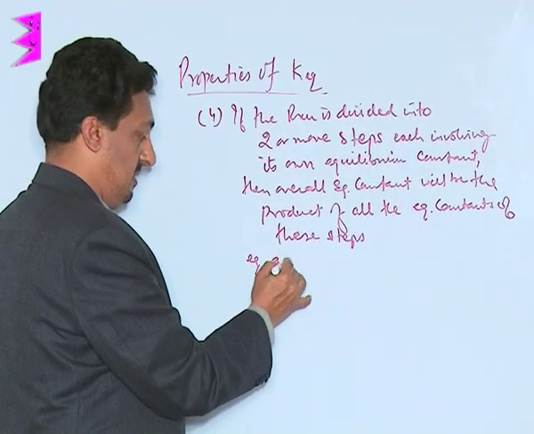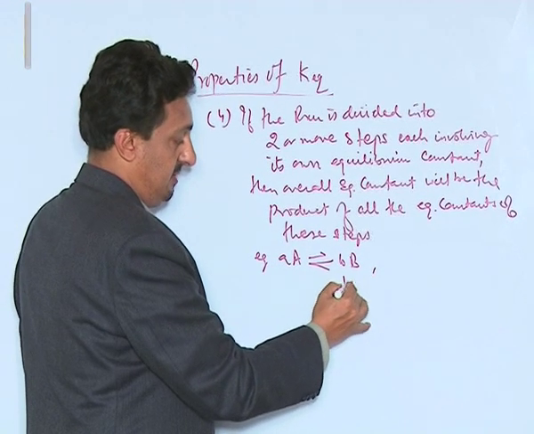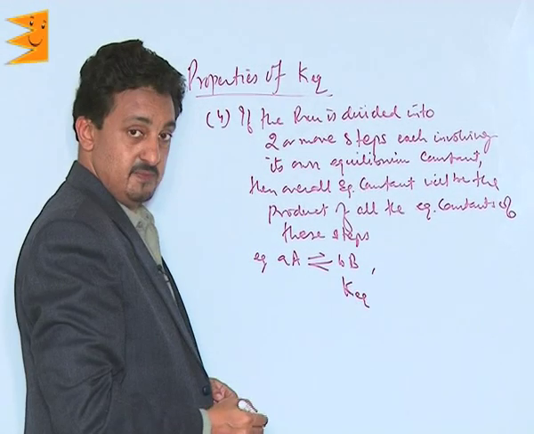Example, if a moles of A combines with b moles of B, the equilibrium constant is K equilibrium.